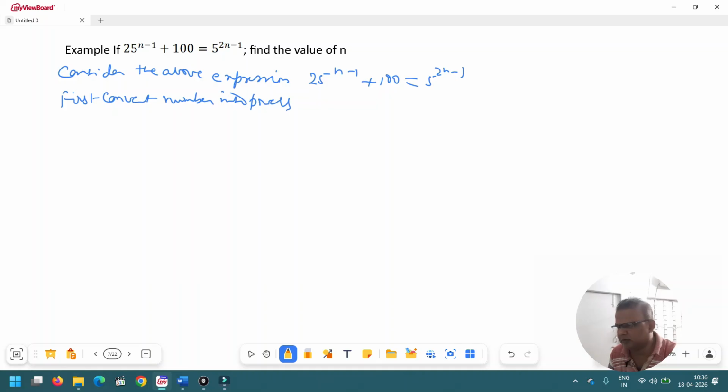That is equal to 5 square power n minus 1 plus 100 equal to 5 power 2n minus 1. That is equal to 5 to the power 2n minus 1 minus 5 to the power 2n minus 2 is equal to 100.